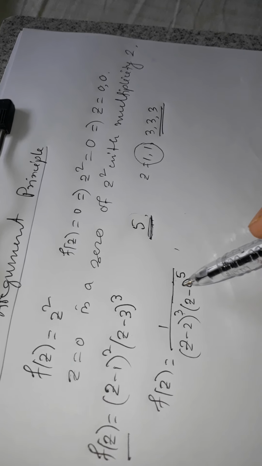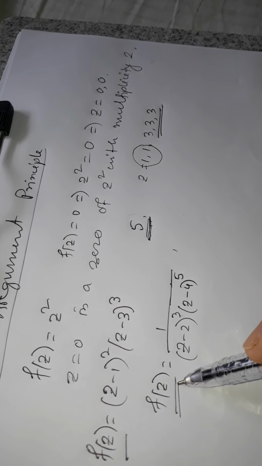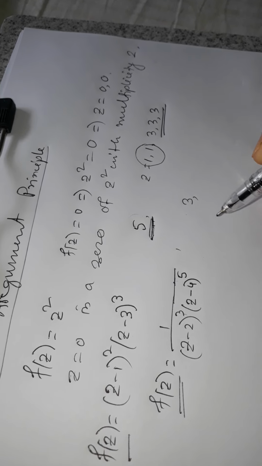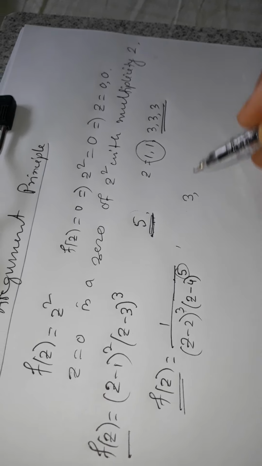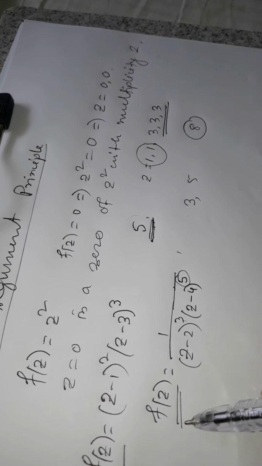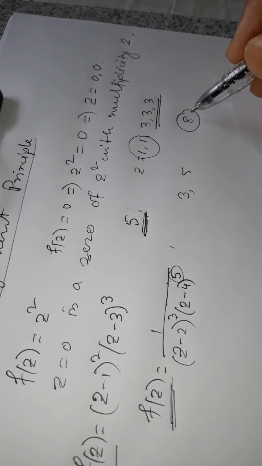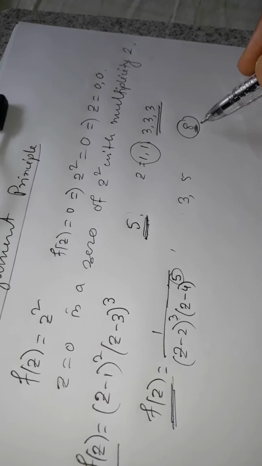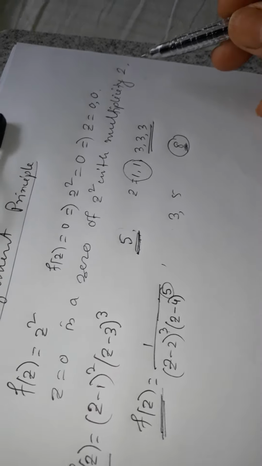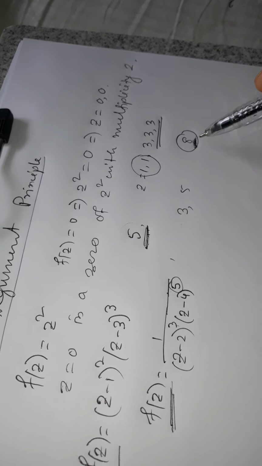So what is the number of poles of this function f(z)? Order is 3 and another order is 5. So counting multiplicities, the number of poles of f(z) is equal to 8. That is called the poles and zeros with multiplicity. That is how we count.